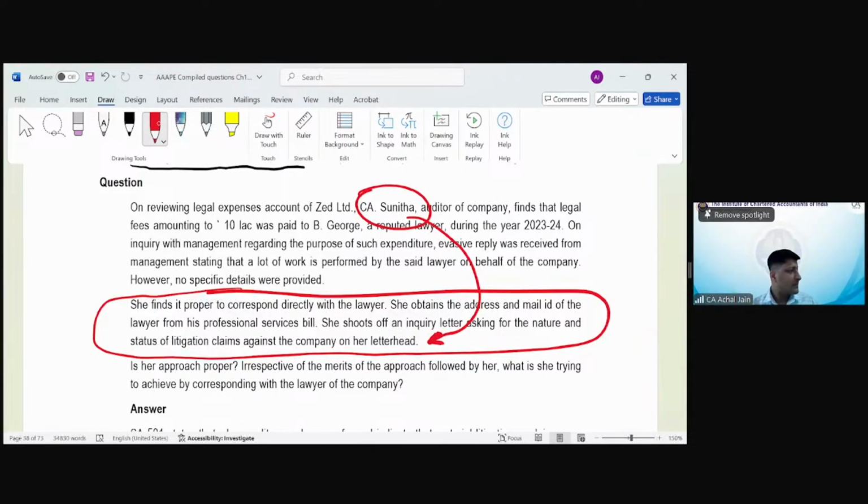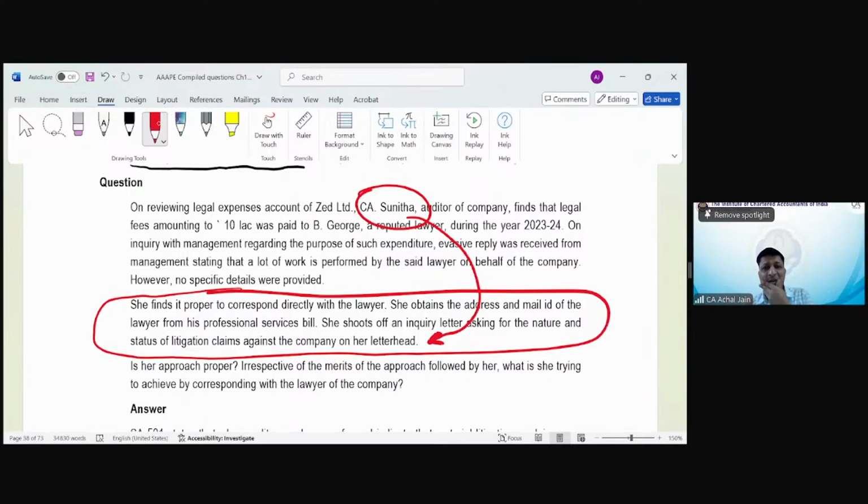Sir, her purpose could be the risk of material misstatement. Is anything to be disclosed under the contingent liability? Definitely, when we approach the lawyer, there will be a case pending, what is the status, what is the litigation situation, whether the company is in a situation to win or lose the case.